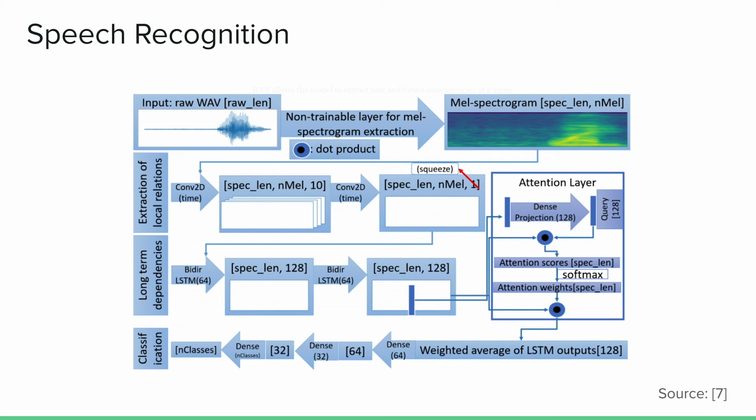We're squeezing that together and then feeding that into our recurrent neural network. In this case, a bidirectional LSTM that potentially has some additional mechanisms to make sure that it looks at the right parts of the input that came before. And then at the end, if we do some classification, we have a bunch of dense layers where we produce our actual output.